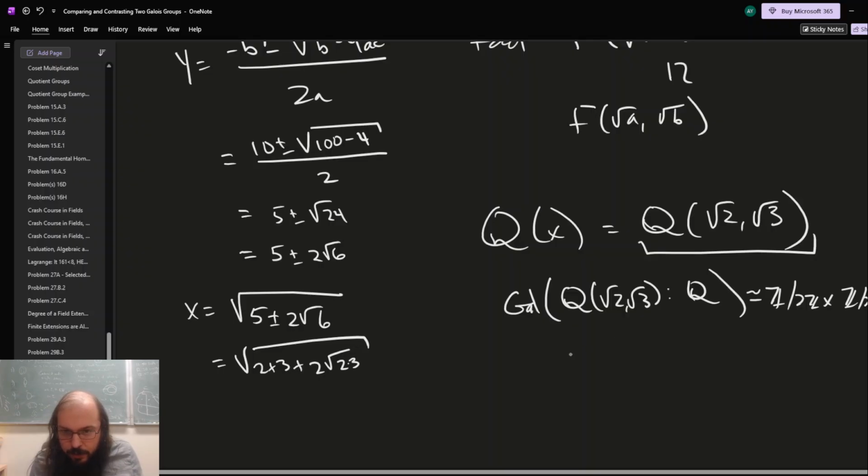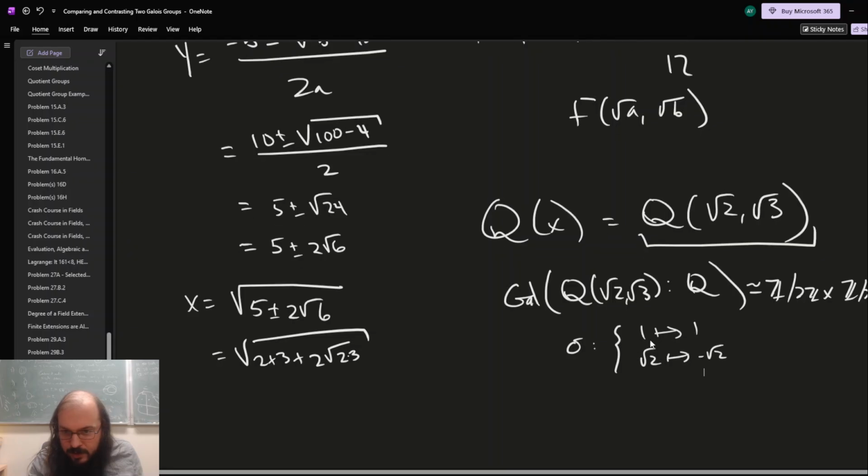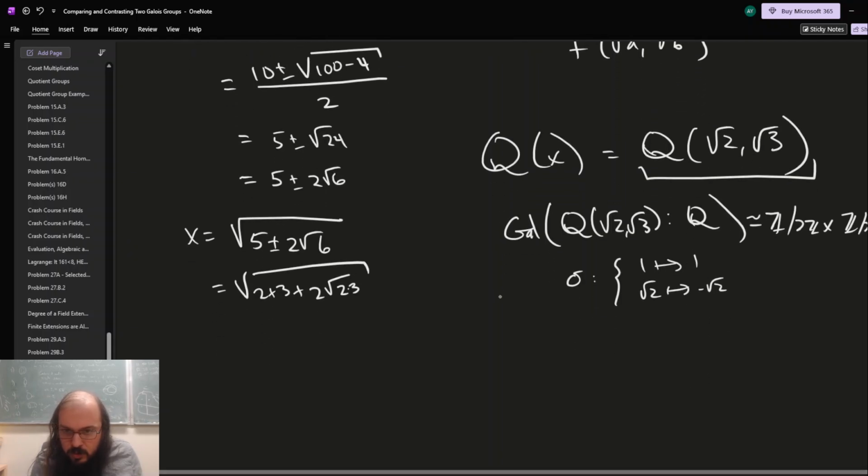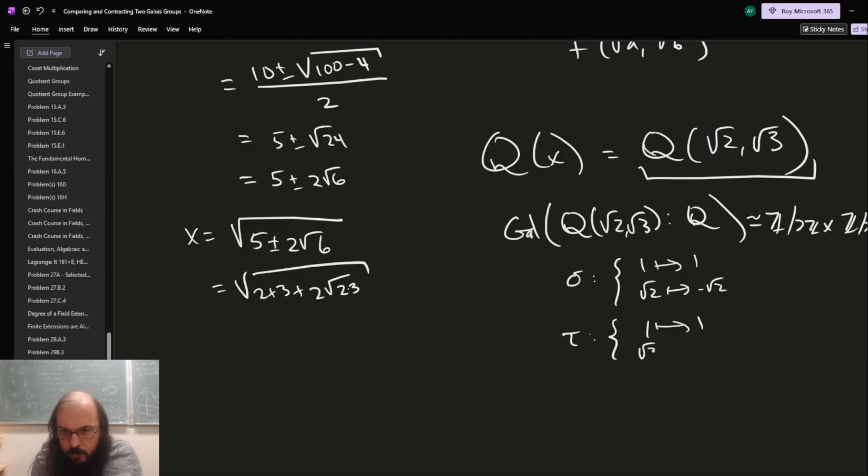We could call them sigma, which is the one that sends 1 to 1, square root of 2 to minus square root of 2. It's a permutation, if you will, of the roots. And then we have the permutation tau sending 1 to 1, square root of 3.